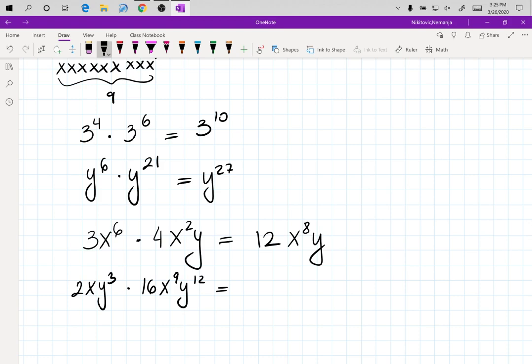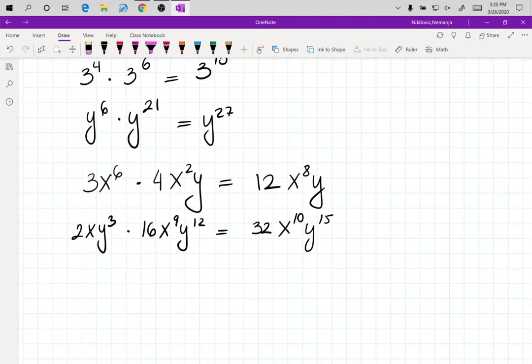Two times 16 is 32. Great. 32. X to the 10, because we have 1x here and 9 here, so that's 1 plus 9, which is 10. And then y raised to 15, because 3 plus 12 is 15. Perfect.